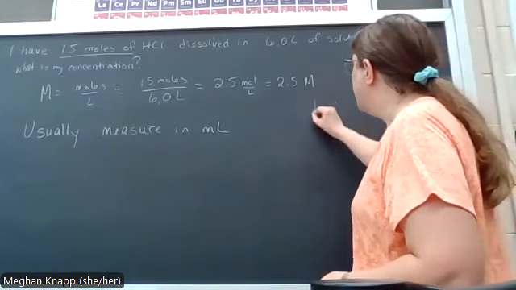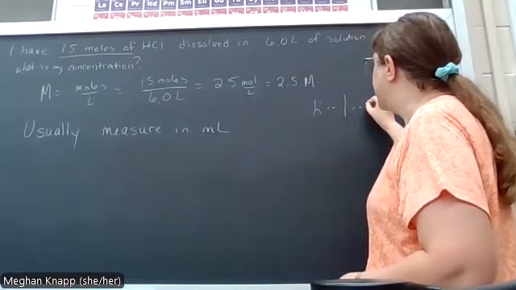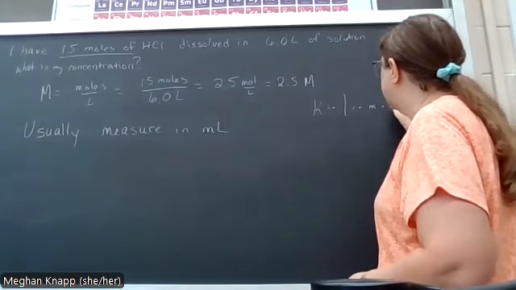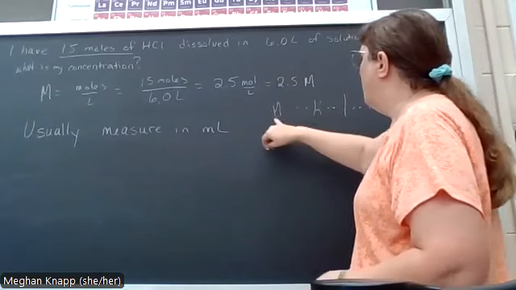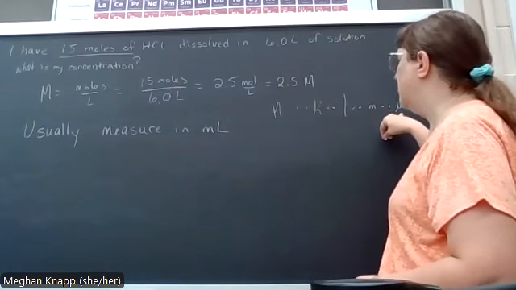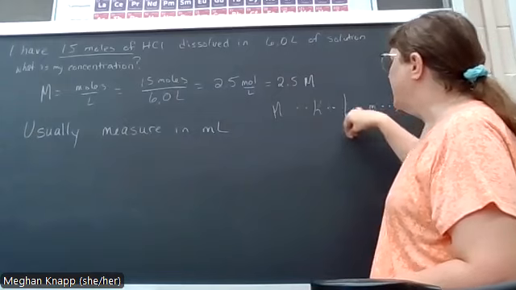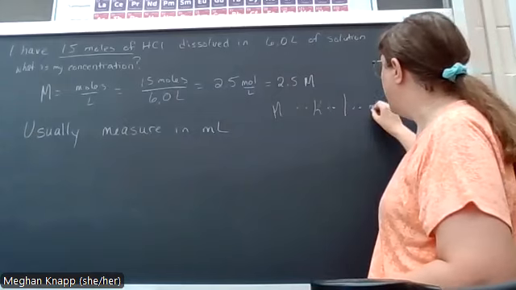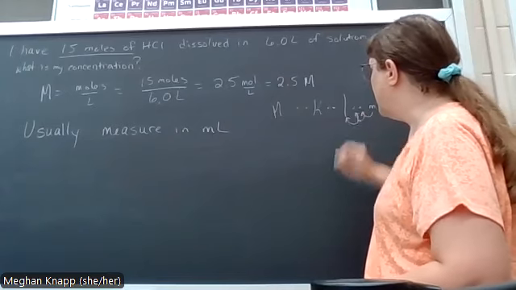But one common way to do this is to look at all the possible prefixes you might have. So mega, kilo, no prefix, milli, micro. And if we're at milli and we're trying to get to no prefix, then we'd have to move over 1, 2, 3 times.